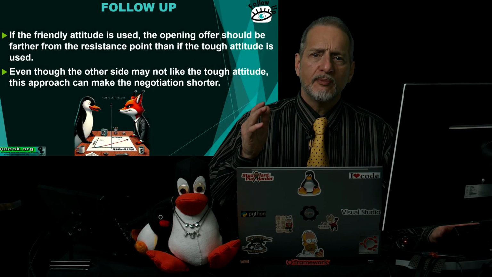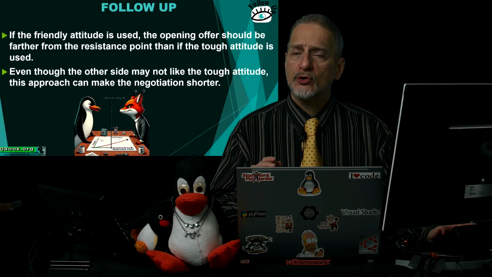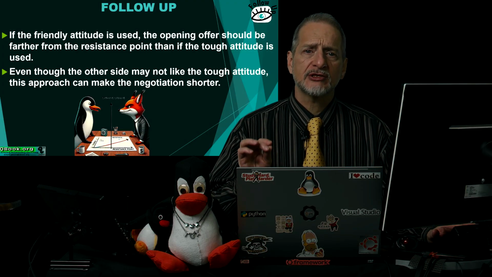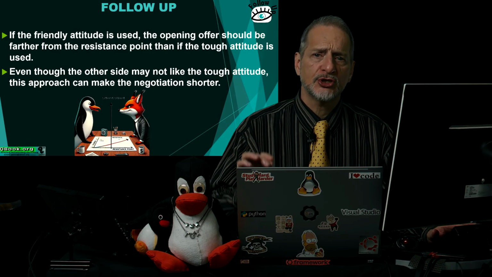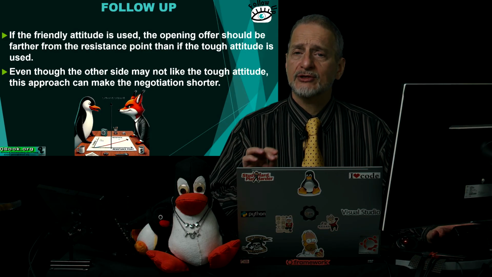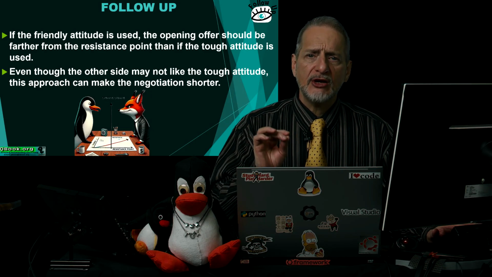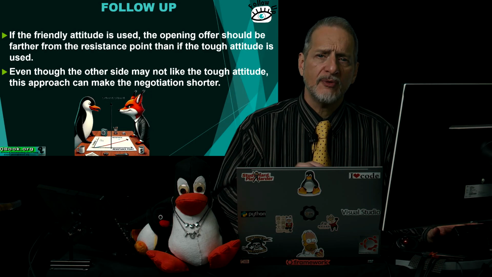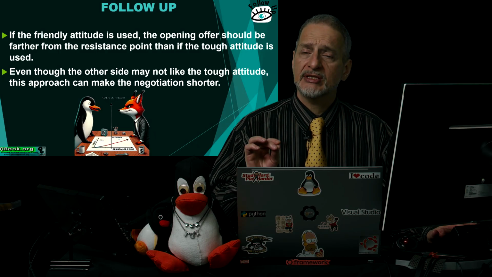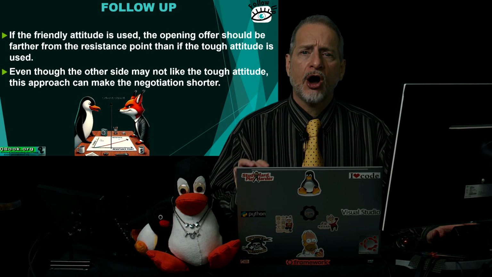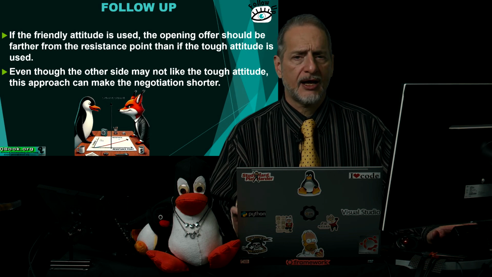So, you must begin closer to your resistance point, because the other side is going to keep trying to push you, but you're not going to move. If you begin very, very far away from your resistance and you're very tough, getting to an agreement will be hard and take a long time.